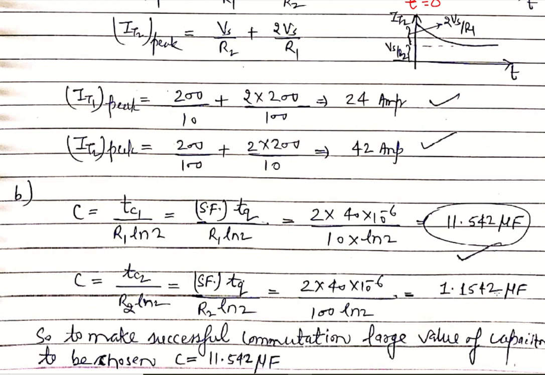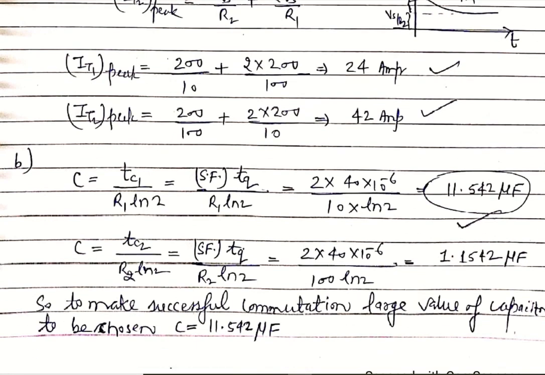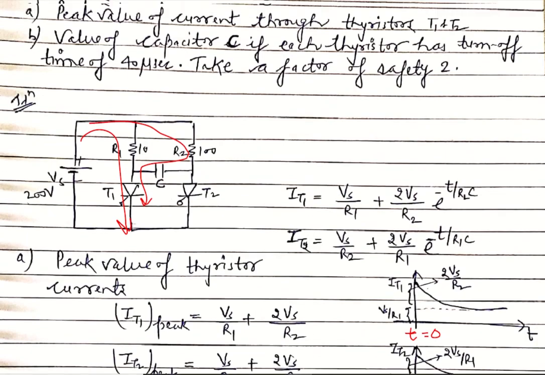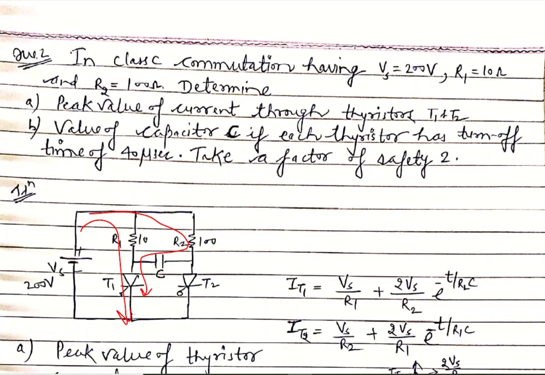In the previous lecture on class C commutation, we saw that the higher value of capacitance is to be chosen to make the commutation successful. So in this problem, the correct answer is 11.542 microfarad. We choose the higher value of capacitance in this class C commutation technique, and we will successfully commutate the thyristors.